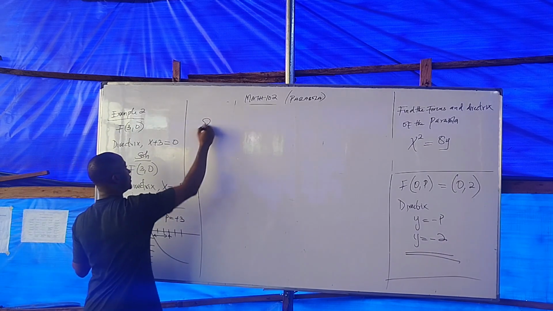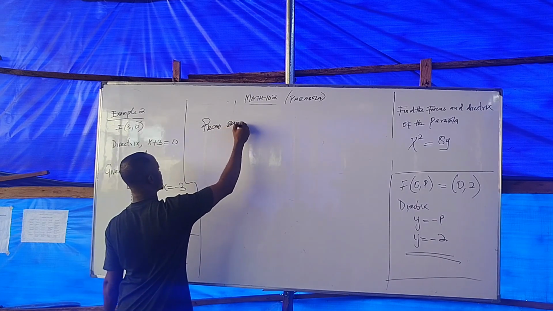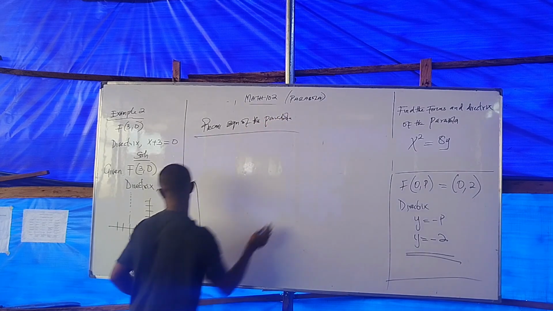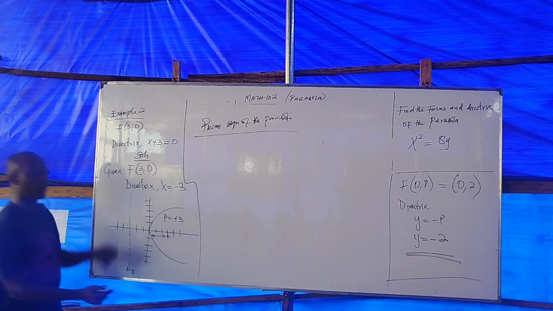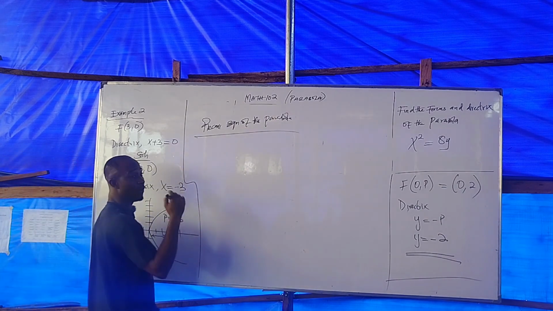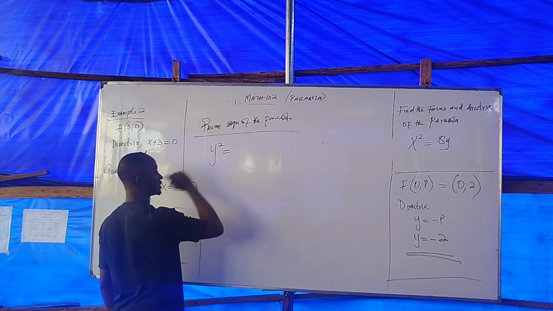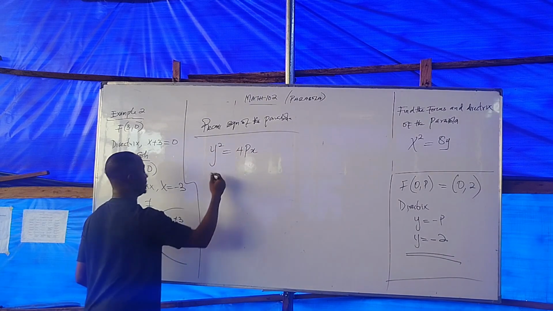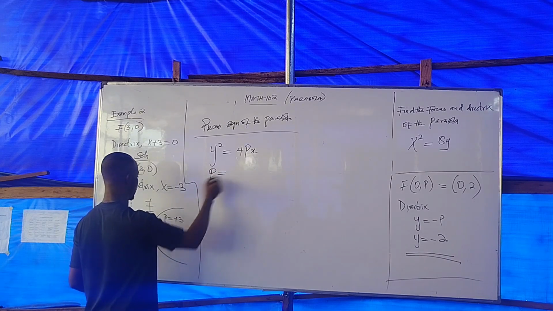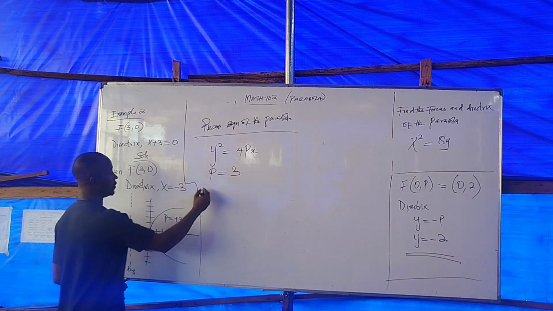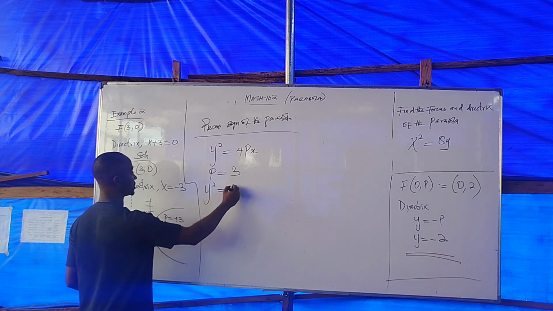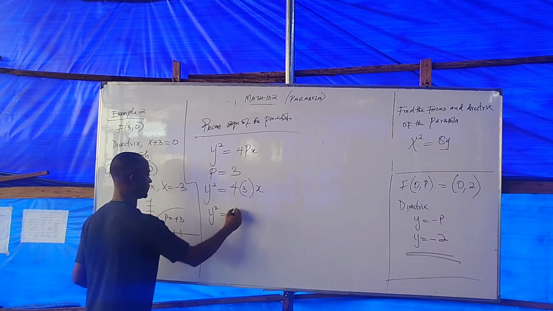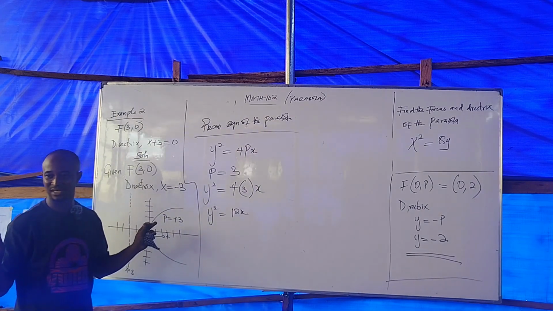Recall that the equation of the parabola enclosing the x-axis is y squared equals 4px. Since our p value is 3, the equation is y squared equals 4 times 3 times x, so y squared equals 12x. As simple as that.